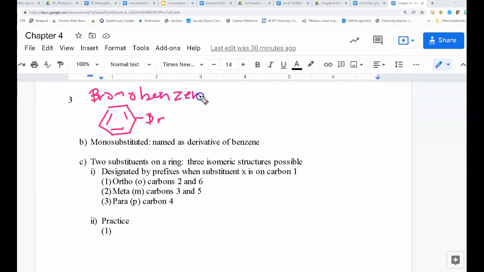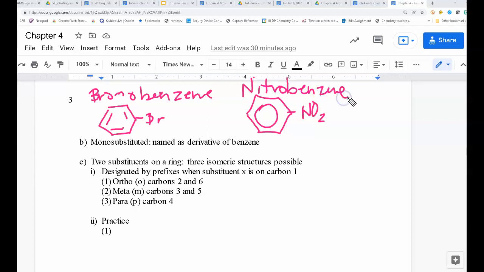If it has a nitro group attached to it, we're going to call it nitrobenzene. That would be called nitrobenzene. And we get into things like ethylbenzene or propylbenzene. It's just identified by the group that is attached to the benzene. So that's when it is mono-substituted, in essence, one thing is attached to it.